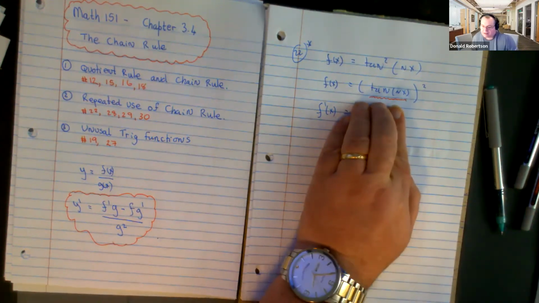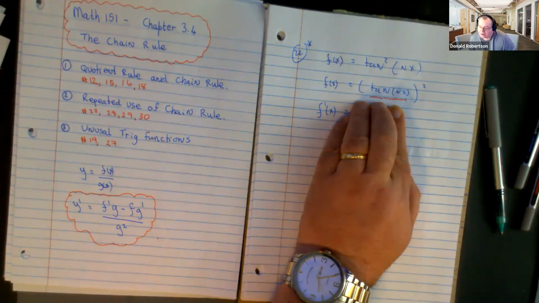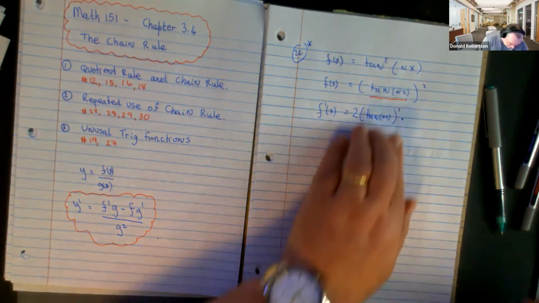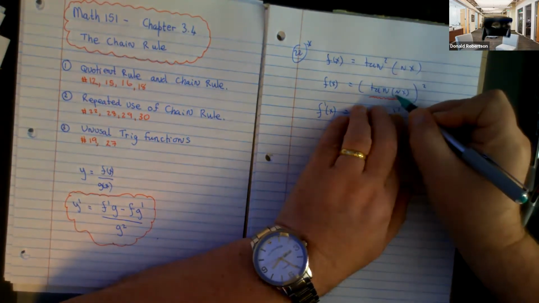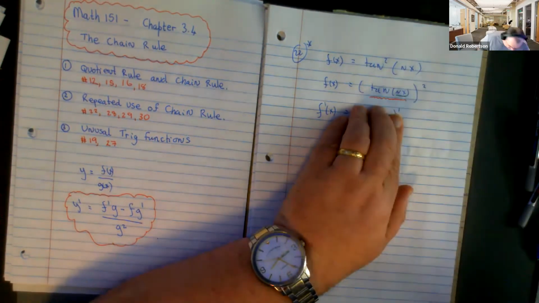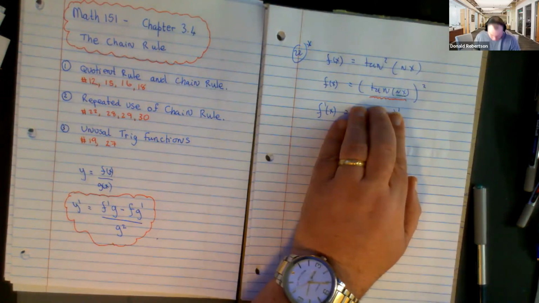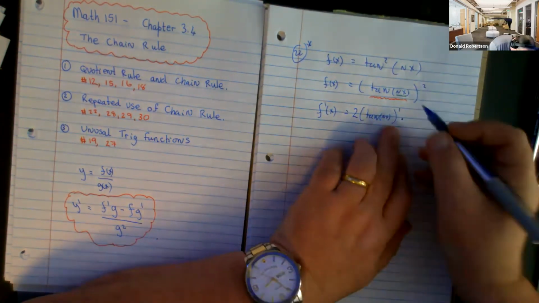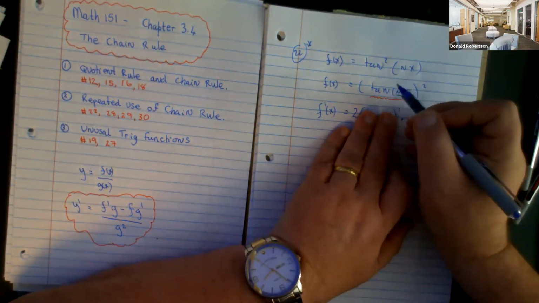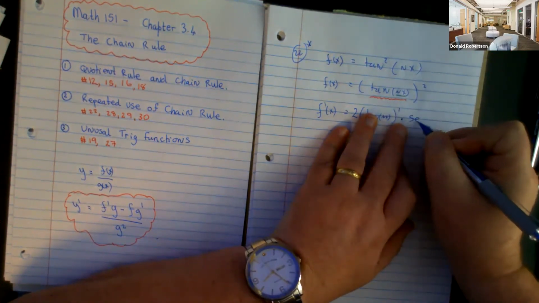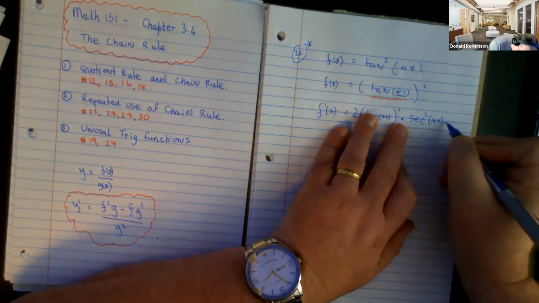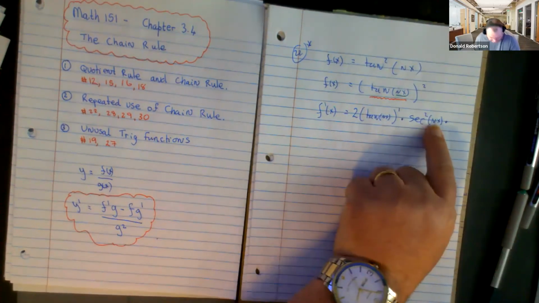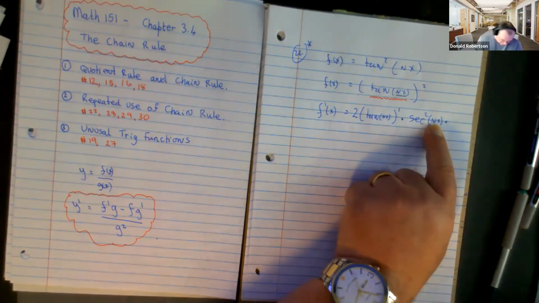Right. Now, if that was tan x, wouldn't the answer be secant squared x? The derivative of tan is secant squared. Now, technically, isn't that the inside function for tan x? Why is that important? Well, let's see what happens. If you differentiate the tan of nx, you get the secant squared of nx times the derivative of its inside function.